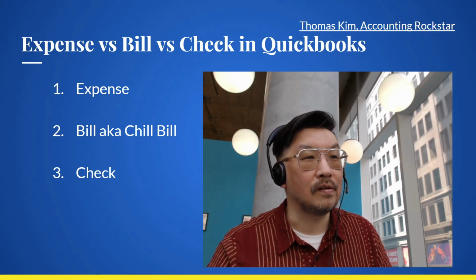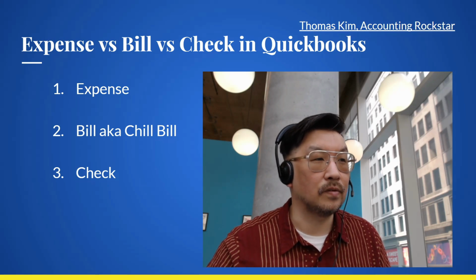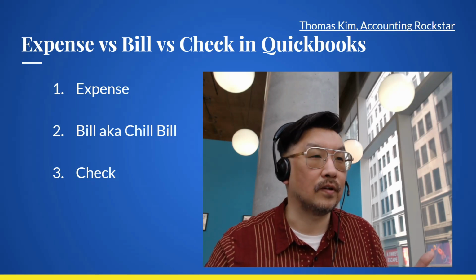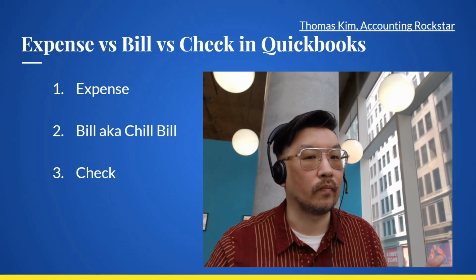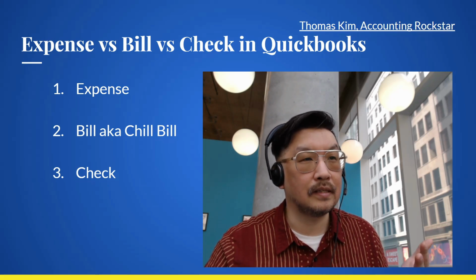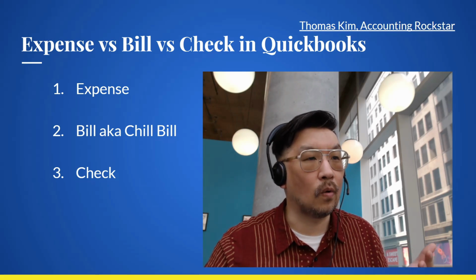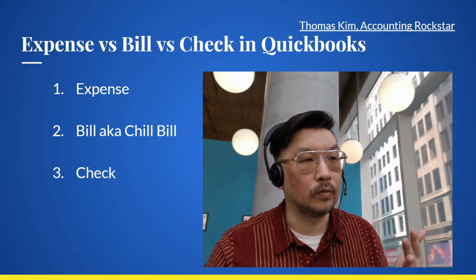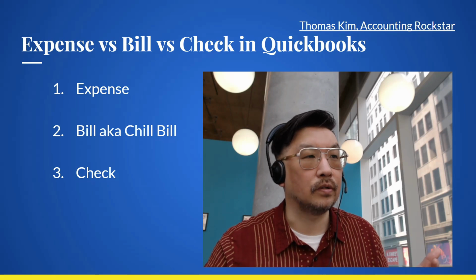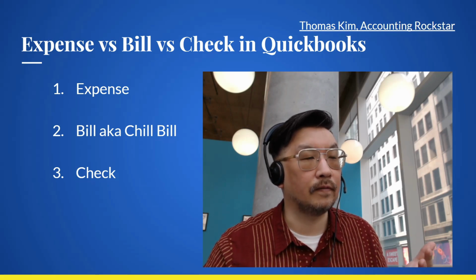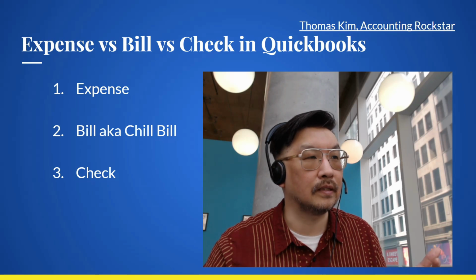I get it. But you have to be consistent. If you're using checks for checks, yes, that's good. If you use checks for wire transfers, that's okay too. But please stay consistent, because your eyes may not be the only eyes looking into QuickBooks. So for the sanity of everyone involved, please be consistent.